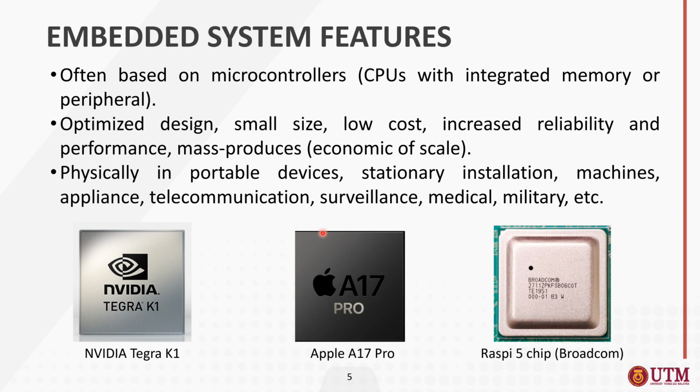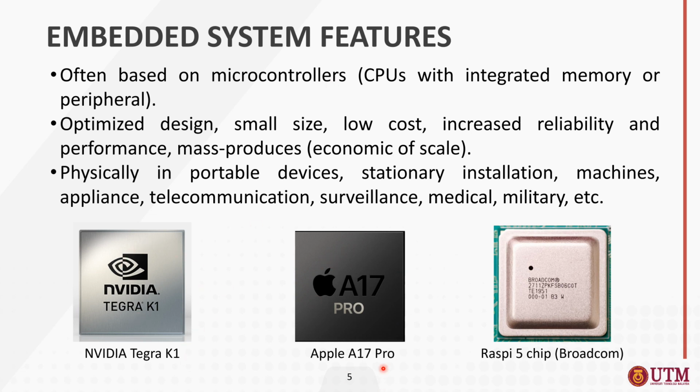All right, so it is used to execute the tasks of mobile phones. And then this is the Raspberry Pi 5 chip, which is from Broadcom, a microchip company. It is used to execute some operation, GPIO, general purpose input output operation, inside the Raspberry Pi. Right, so basically embedded system is often based on microcontrollers. Right, so NVIDIA Tegra is embedded into microcontrollers.